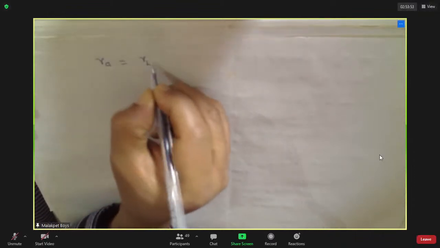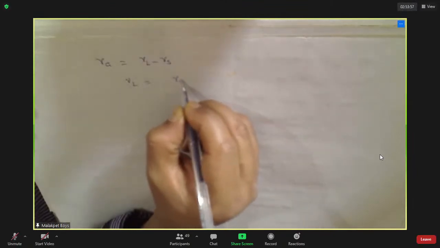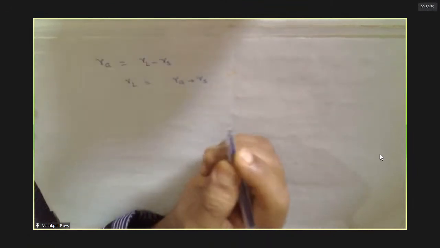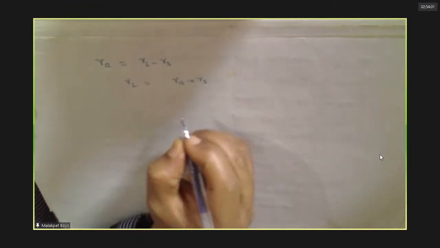See, what is that gamma apparent you have? So gamma liquid is gamma apparent plus gamma solid. Okay. Now you can see that, if you observe this, you'll be knowing this is true.